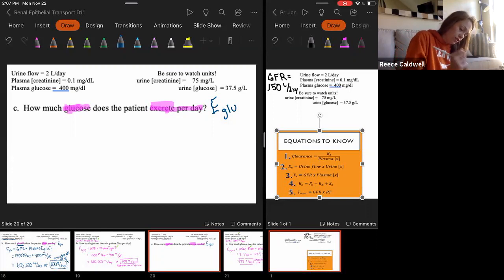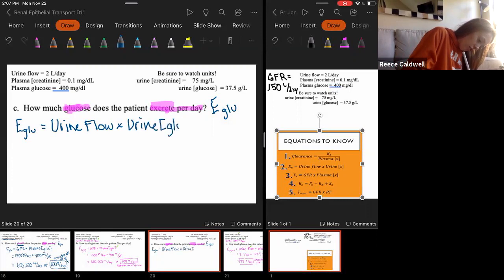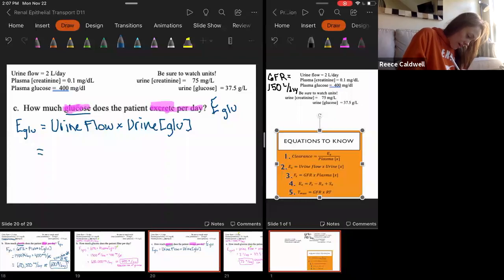So let's use the first one. Excretion of glucose is equal to urine flow times urine concentration of glucose, because we're working with glucose. Luckily we have both of these. We have urine flow per day, and we also have the urine concentration of glucose.